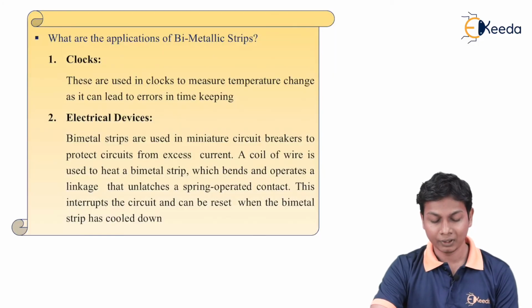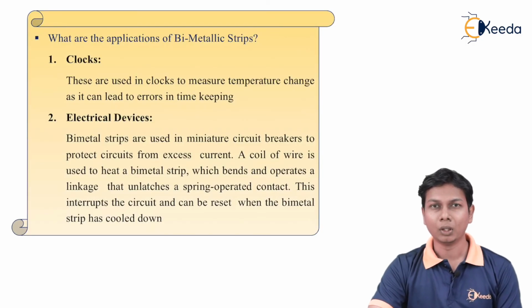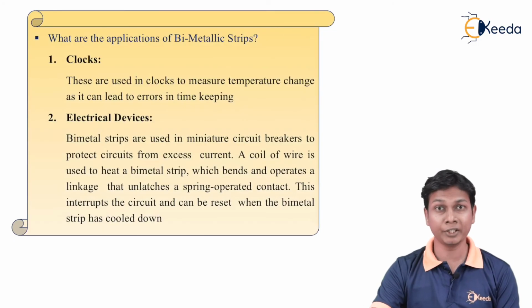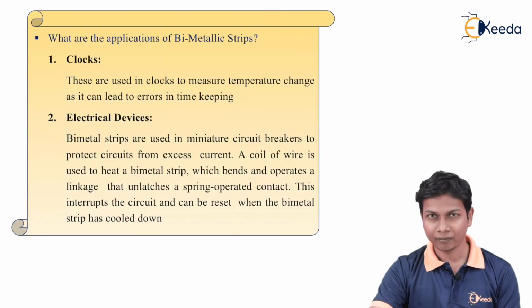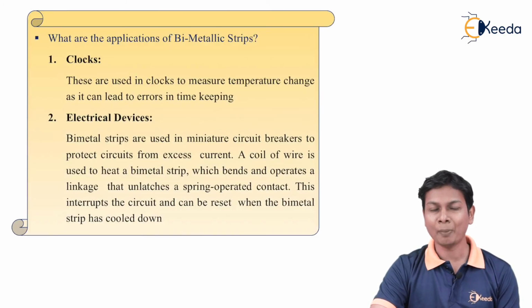This interrupted circuit can be reset when the bimetal strip has cooled down. So our fuse can be reused once it is off, and as the bimetallic strip cools down, it can be used again in electrical devices.